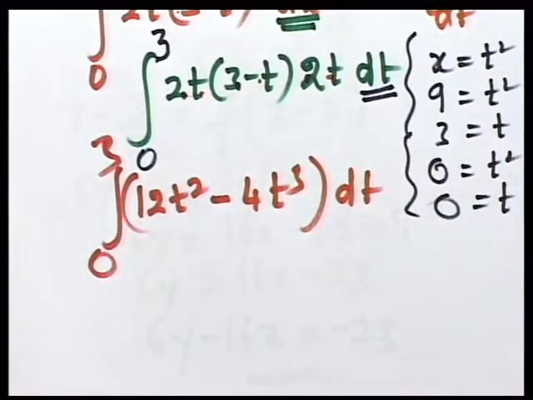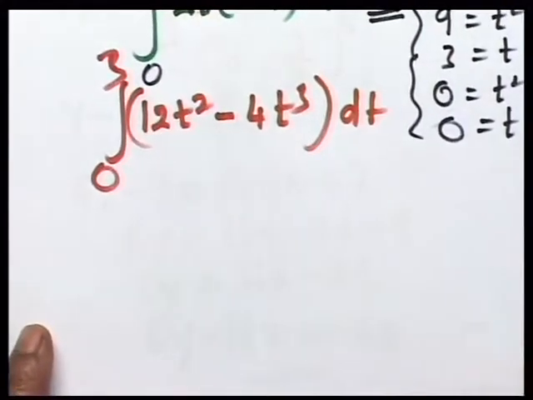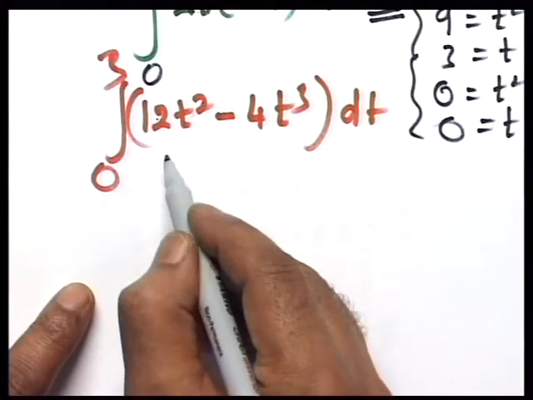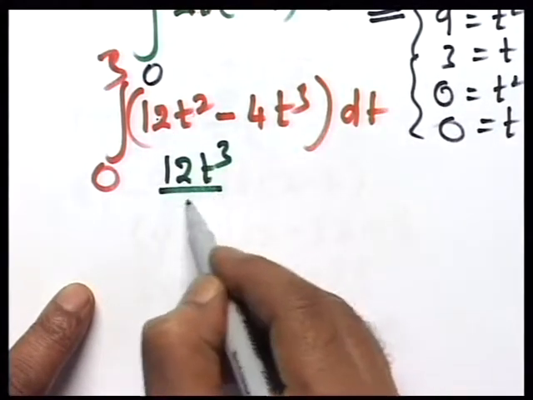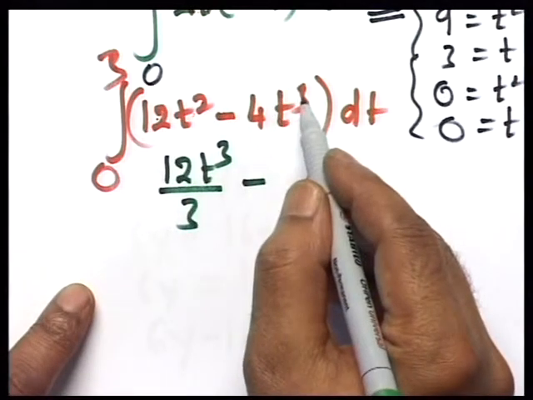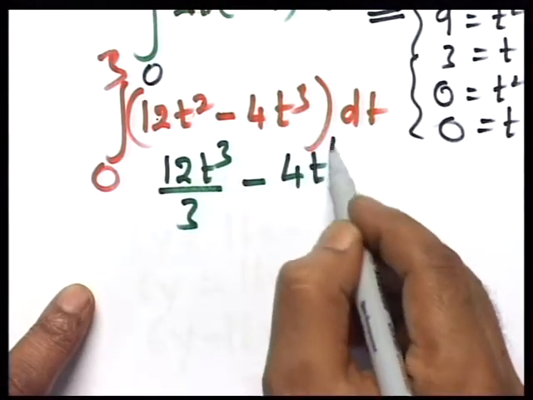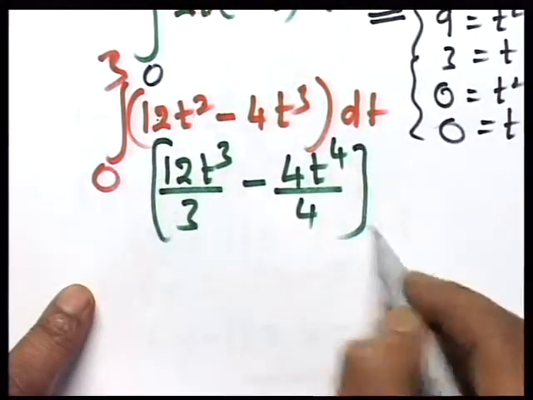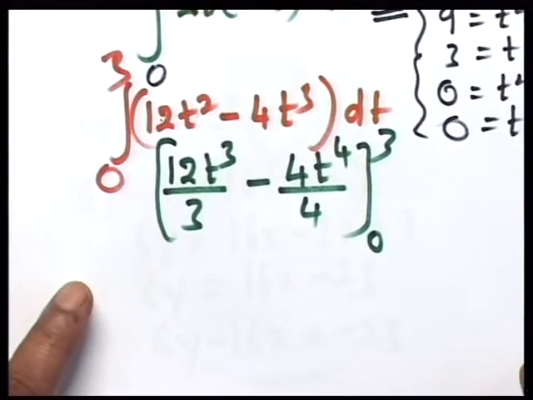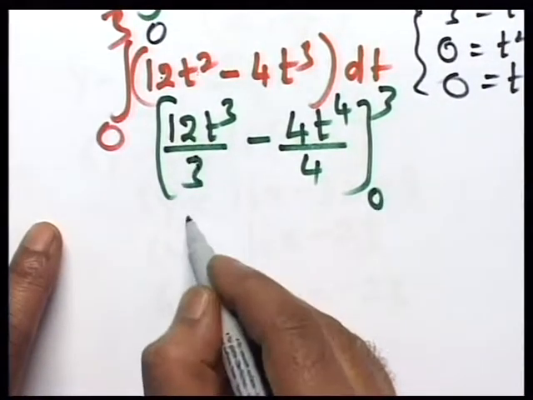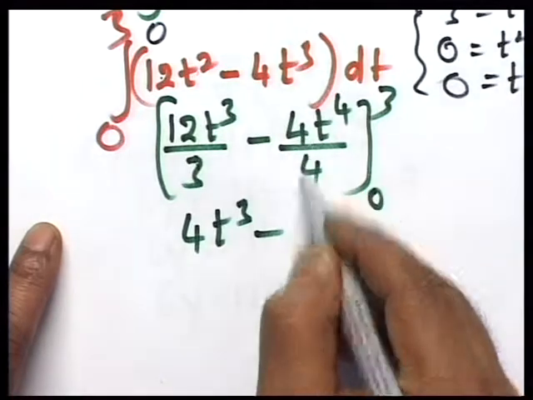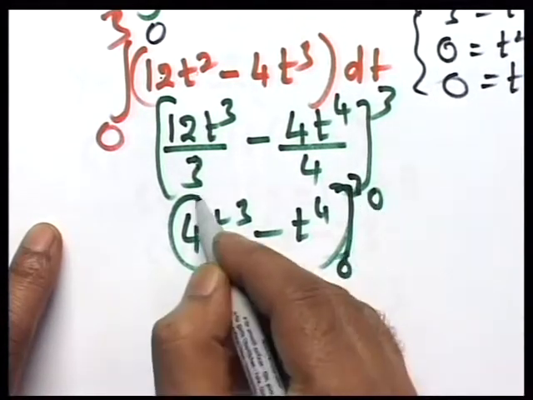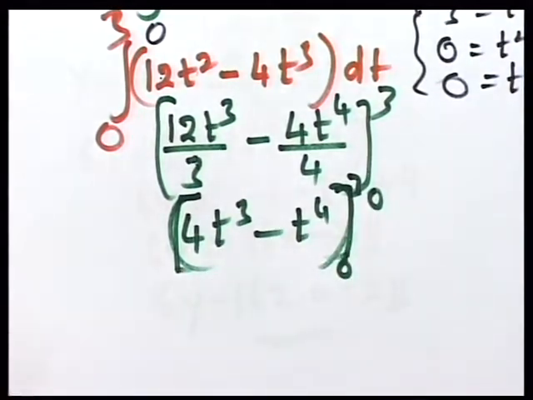It's basic integration: 12t cubed divided by 3, minus 4t to the 4 divided by 4, and of course the limits are 0 and 3. We all know how to do this now. 3 goes 4 times, 4t cubed, and minus, the 4s cancel, t to the power 4, and the limits are 0 and 3. They are closed brackets, please.